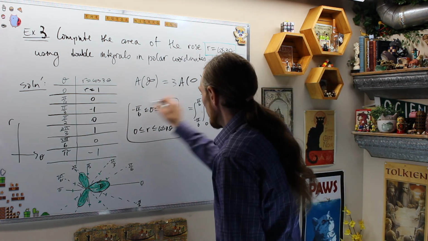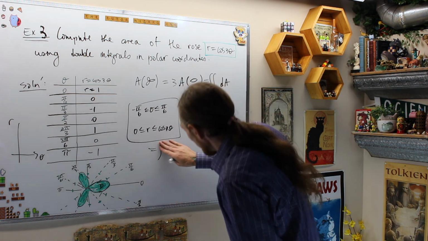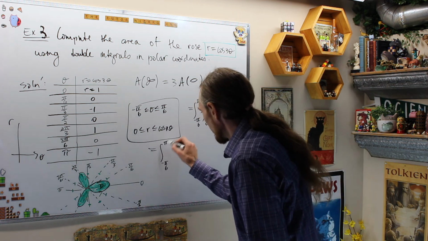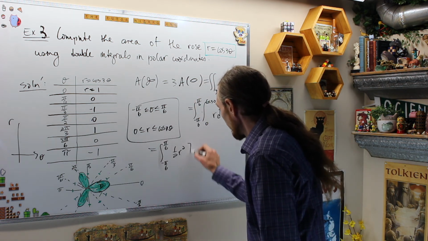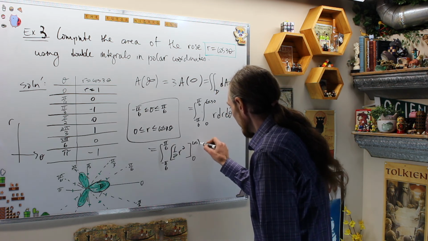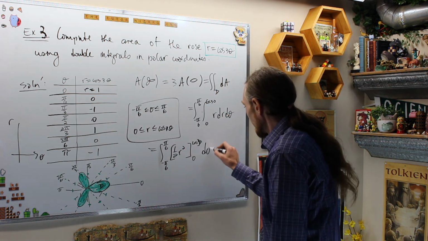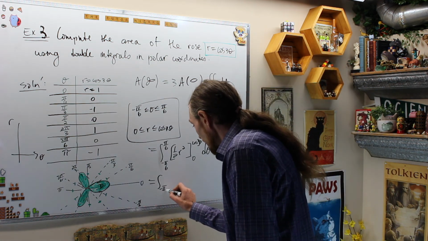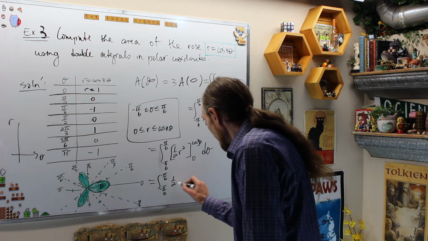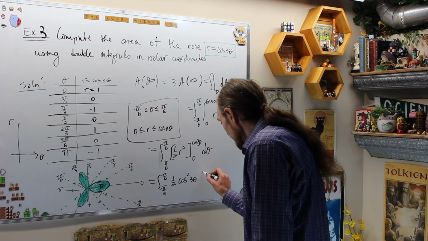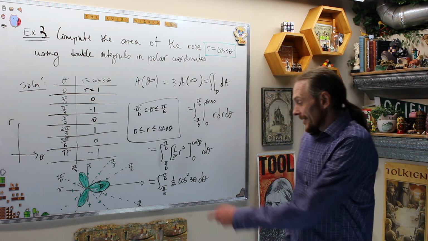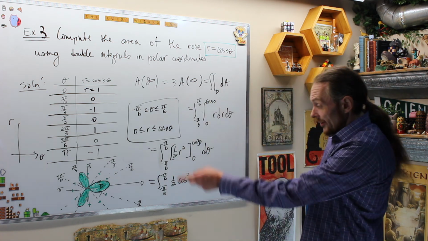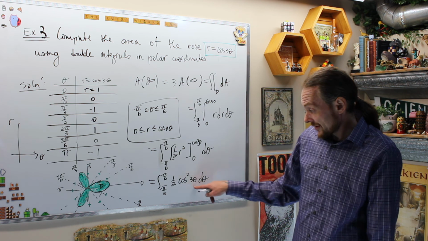That is equal to the integral from negative pi over 6 to pi over 6 of 1/2 r squared evaluated from 0 to cos 3 theta d theta, which is equal to the integral from negative pi over 6 to pi over 6 of 1/2 cos squared 3 theta d theta. Now what I can see is this is an even function, and I'm going from negative a to a, so I can double the integral and make that from 0 to pi over 6 because this is an even function in theta.